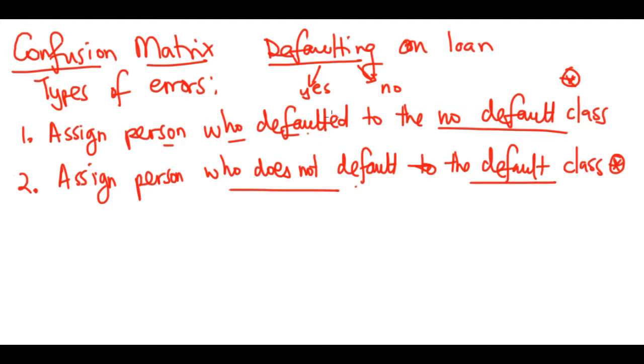So these are the two fundamental types of errors that classifiers like our LDA make. As a company or as an individual, you might be interested in knowing which type of error is being made by your classifier, and this is where the confusion matrix helps you figure it out.